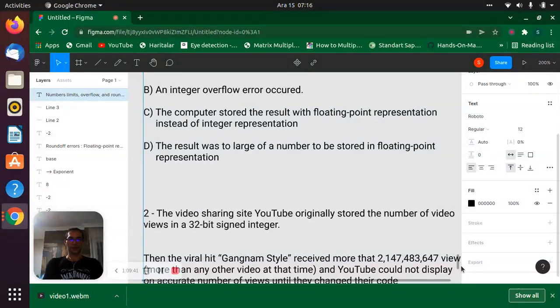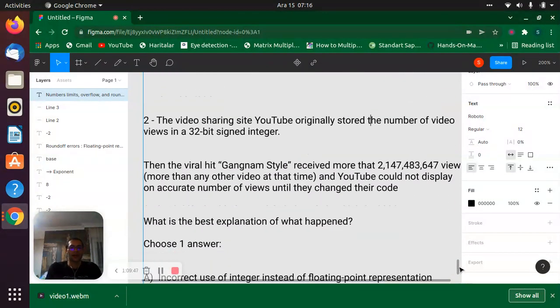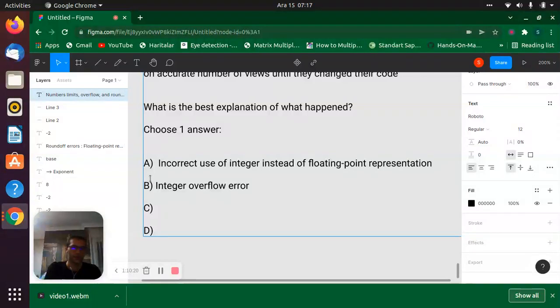So let's look at the countdown here. It says the video sharing site YouTube originally stored the number of video views in a 32-bit signed integer. Then the viral hit Gangnam Style received more than 2,147,483,647 views. I think there is some overflow error, right? This one is the true answer.